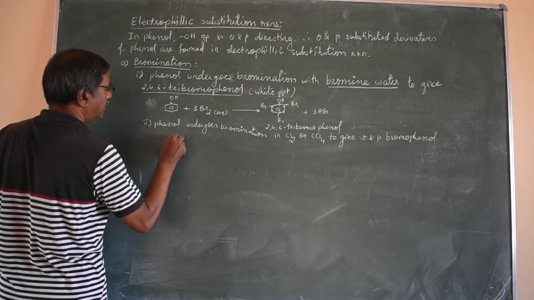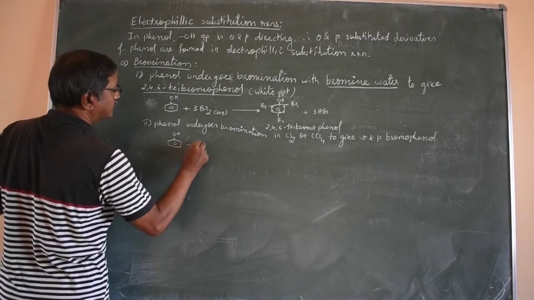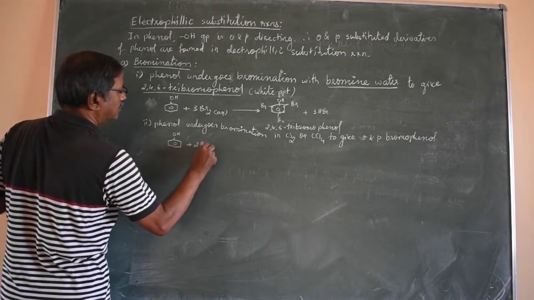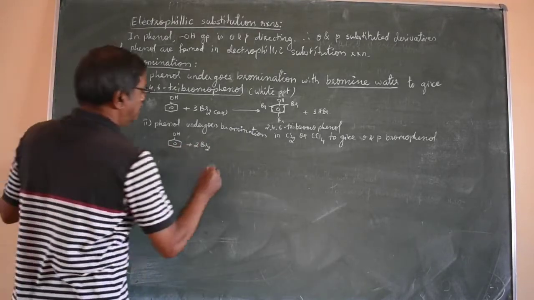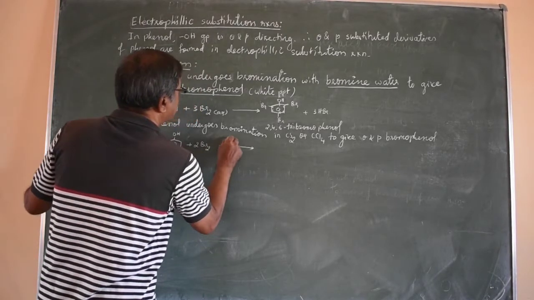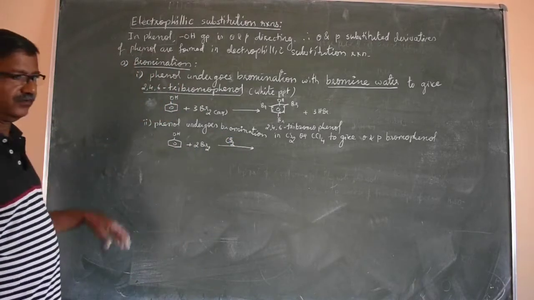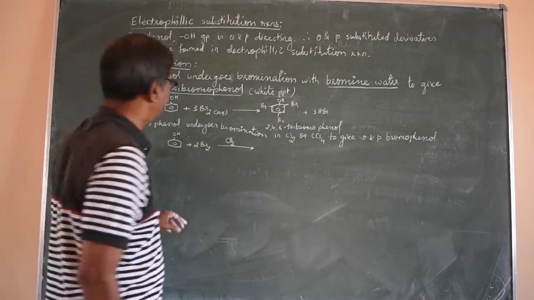So the equation means phenol plus Br2 in CS2. CS2 is the medium, carbon disulfide liquid, or carbon tetrachloride.